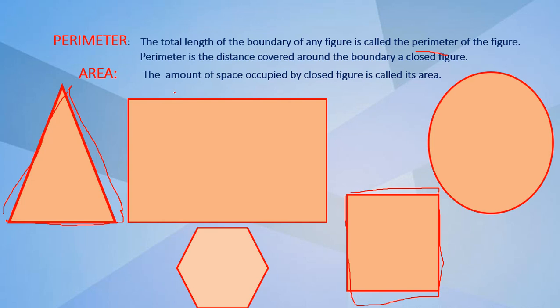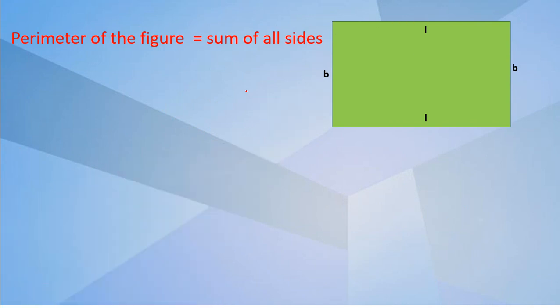So we can say the amount of space occupied by a closed figure is its area, or area is the part of the plane occupied by the closed figure. So now we have to calculate the perimeter. We know that the perimeter of a figure is the sum of all sides.